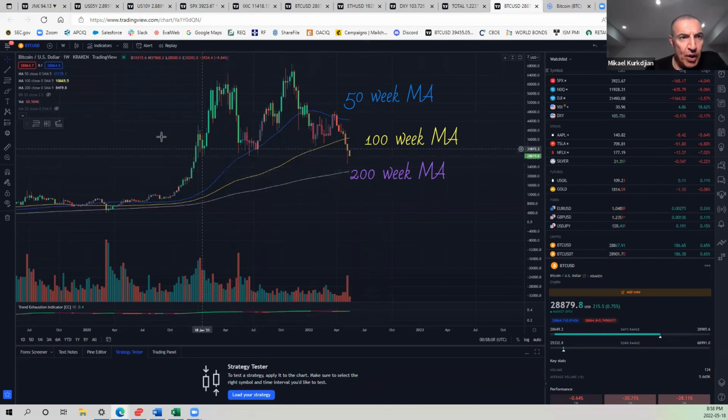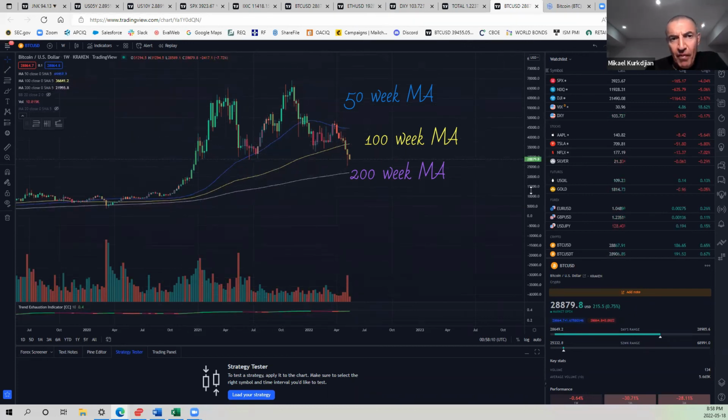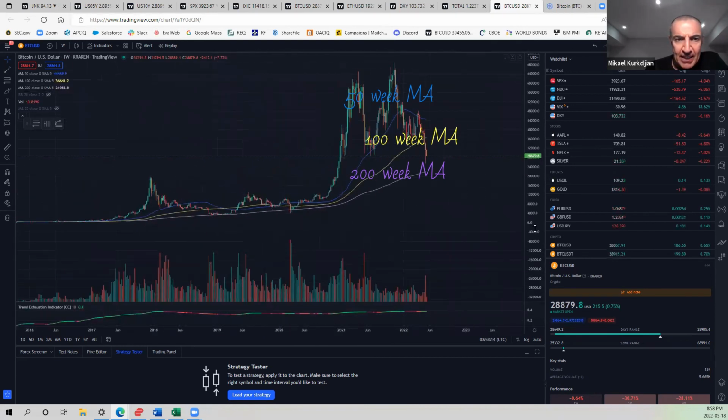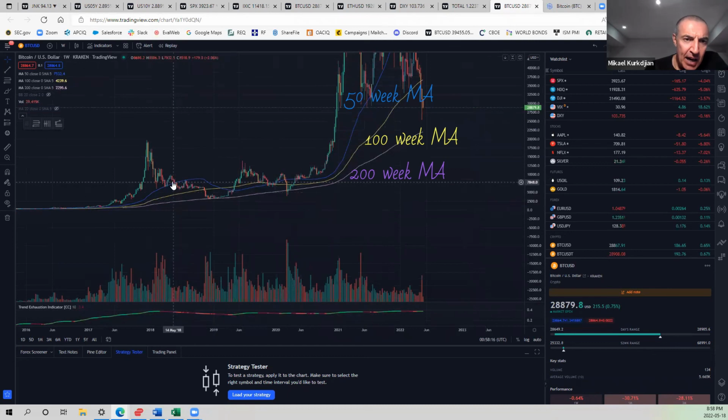So if I look at Bitcoin's chart with these moving averages, we see what happened in the past, right over here, from May 2018 all the way down to December 2018. We definitely hit the 200-week moving average.